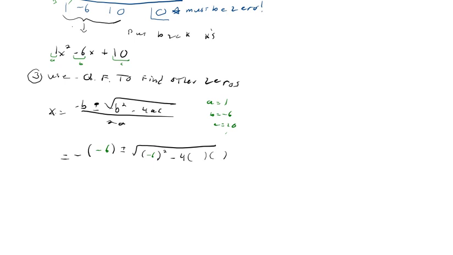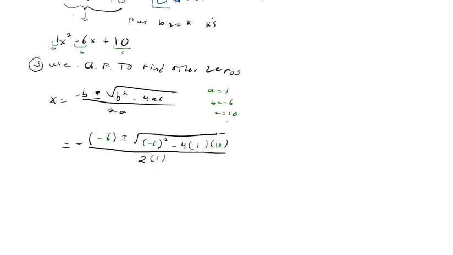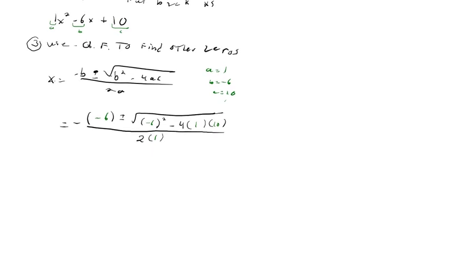So we're just going to simplify this, multiply these together. Negative negative 6 becomes positive 6. So it's 6 plus or minus the square root of 36 minus 4 times 1 times 10, which is 40, over 2.